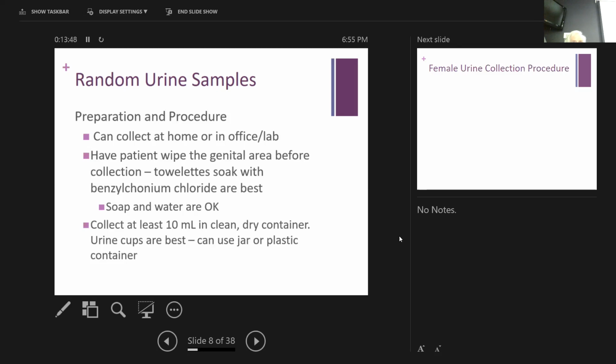We wipe their bottoms, not their genitals. We wipe the outside of the labia and the penis on the boys. If it's acceptable to you, that would work. But generally speaking, just a clean, wet paper towel will work just fine.